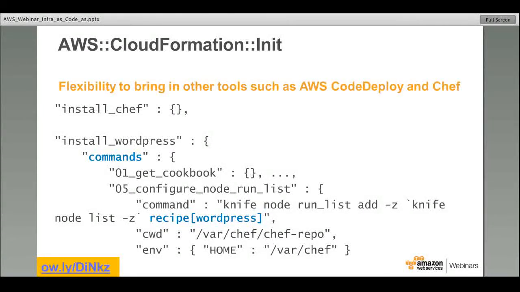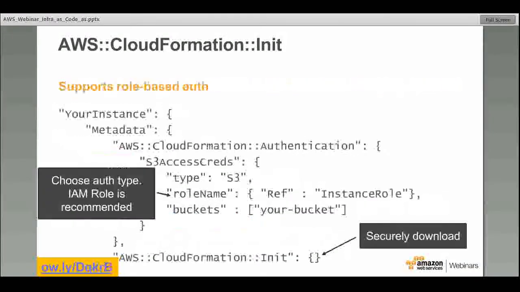You can configure your CloudFormation template to provision the infrastructure and then install Chef client, and then bring in the Chef recipes that you have for deploying and bootstrapping the WordPress service. Needless to say, all of these operations could be done in an access controlled way. You can use IAM roles, usernames, passwords, and so on and so forth for securely doing these operations.